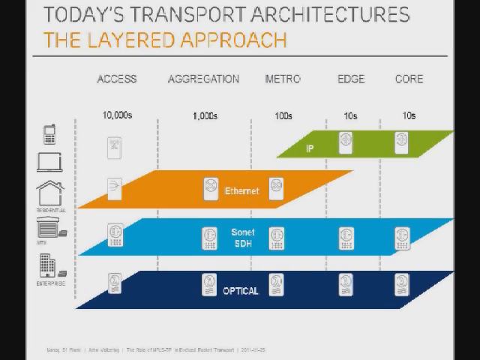The Ethernet traffic that is used to carry the IP traffic can be either natively transported over the optical layer or encapsulated into SONET or SDH. And then finally we have the core, which is typically a pure IP core. I'm sure everybody recognizes this layered approach.